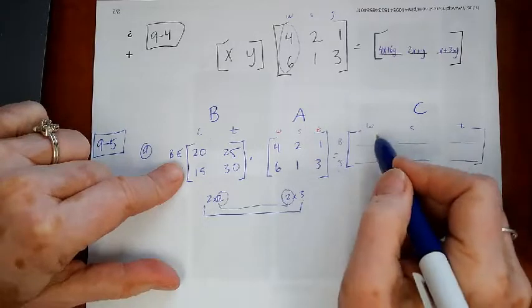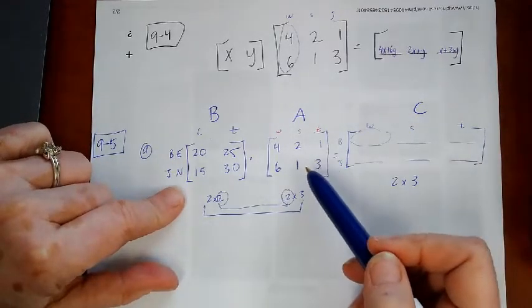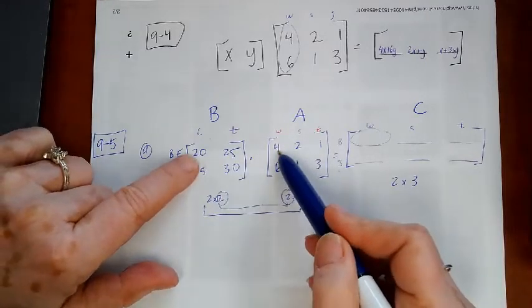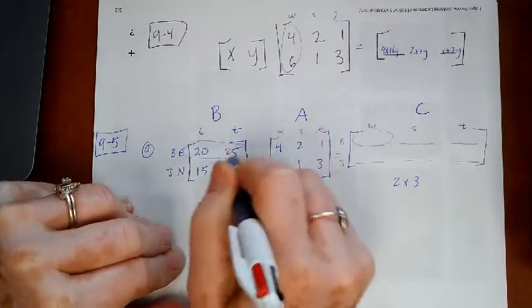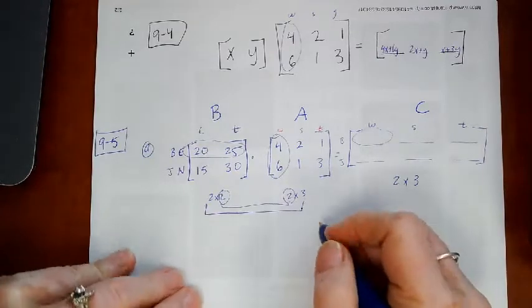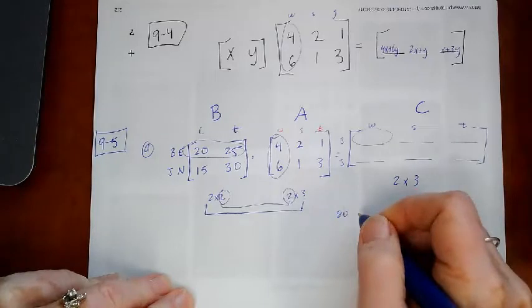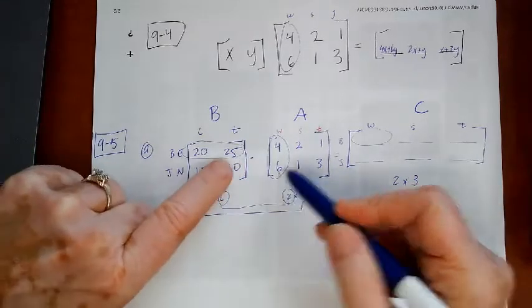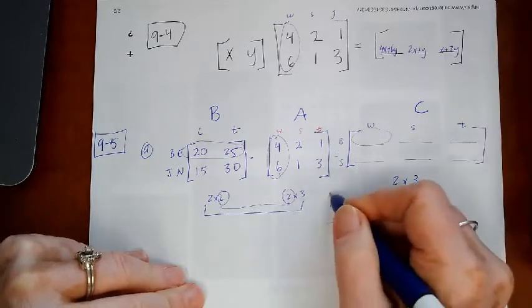If I want the wheels for Bullseye, I'm going to say 20 times 4 plus 25 times 6. So 20 times 4, I can do it on scratch paper. 20 times 4 is 80. Plus 25 times 6, that's 150. Let's put that on top. And I remember it was 230.